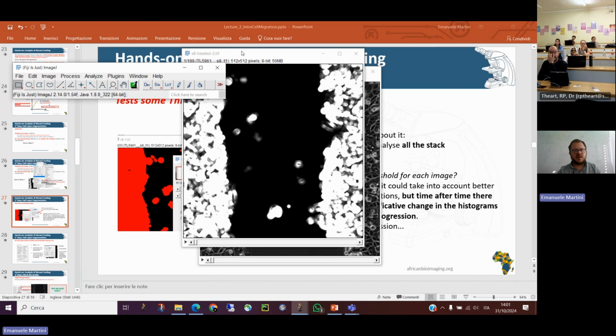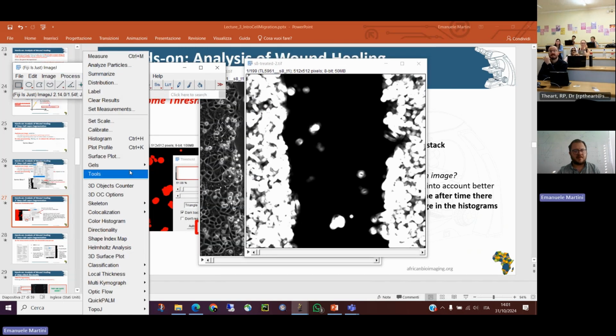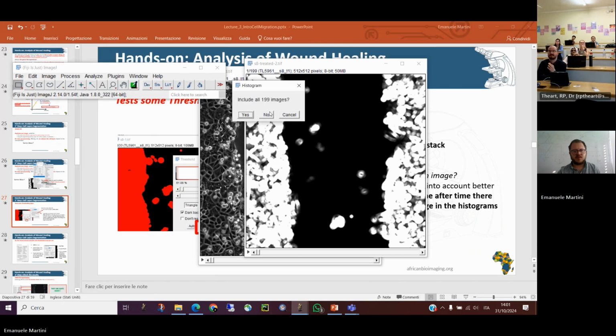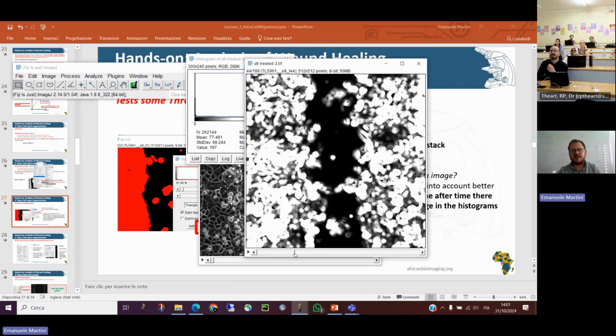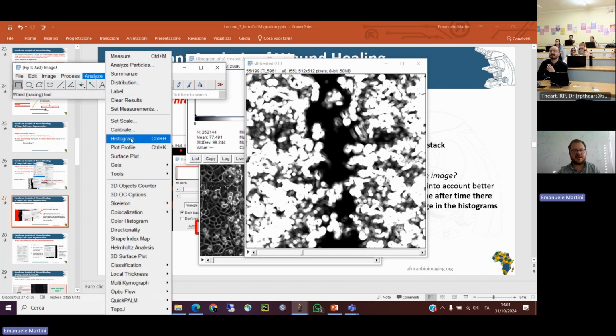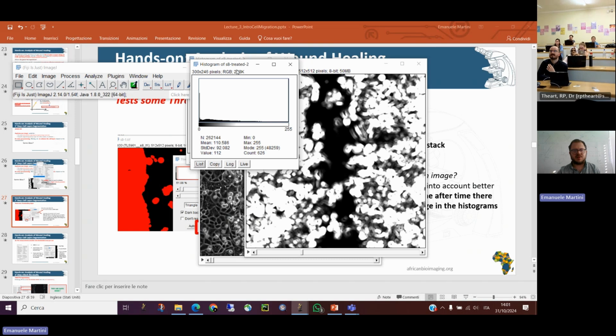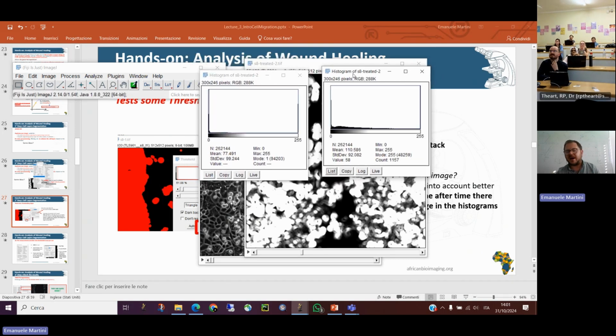Okay, so this is your first frame. If you see the histogram of the first frame, that is something like this, for sure it is very different from a histogram at this frame, no? If you extract the histogram of this frame, you see it's quite different, no? So it will be extremely hard that the same method, in our case, the triangle method, will be good for a histogram like this, and then also for a histogram like this.